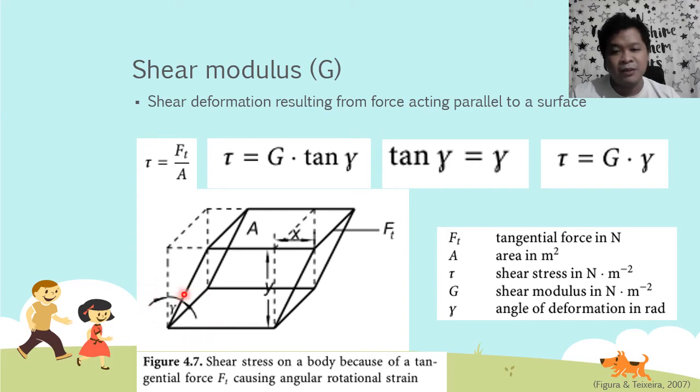Okay, and this gamma is measured in radians, which is a derived SI unit for angle. So we have here tangent gamma is equal to gamma, and tau therefore is equal to the shear modulus times the angle of deformation.